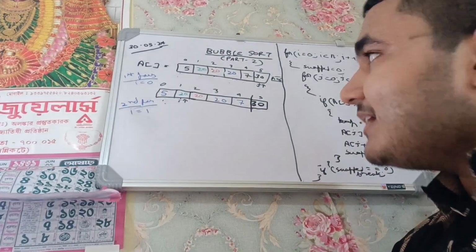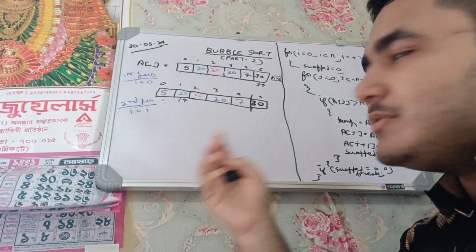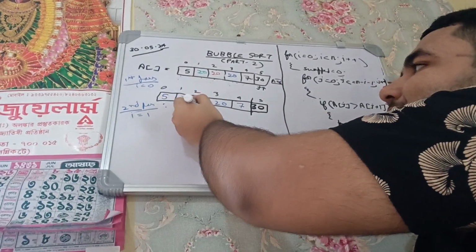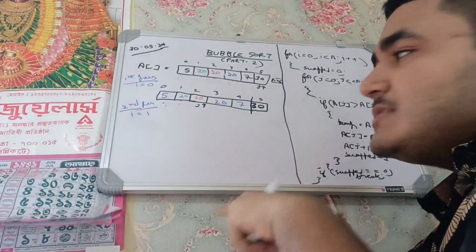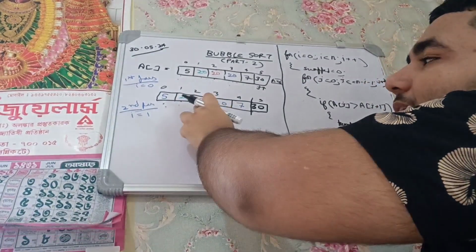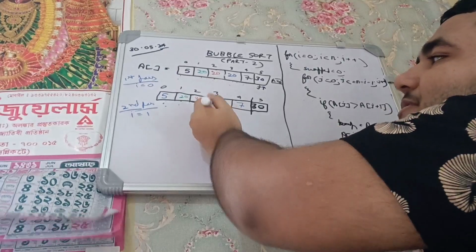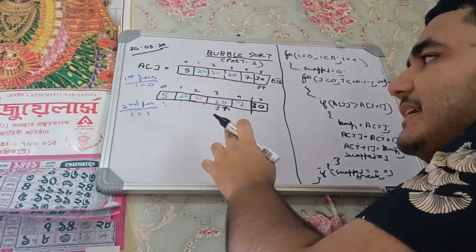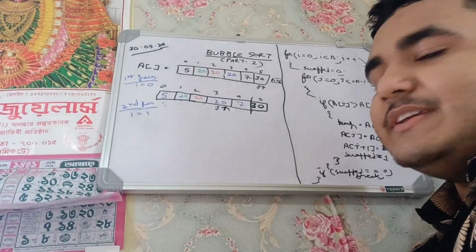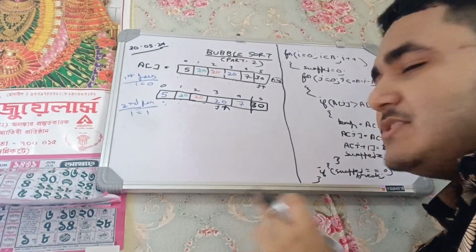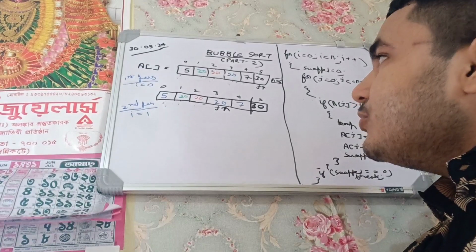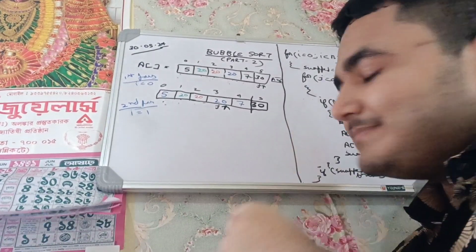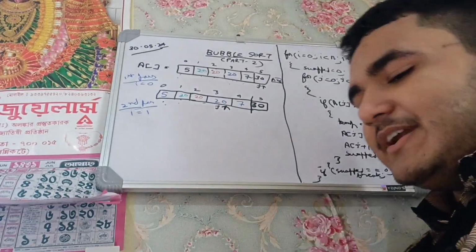Is 20 greater than 20? No, they are equal, so no swapping required, j moves. Again, 20 is not greater than 20, therefore j moves to the next index. Again, is 20 greater than 7? Yes. And is 20 placed at its correct position? No, therefore 20 should come after 7, right?